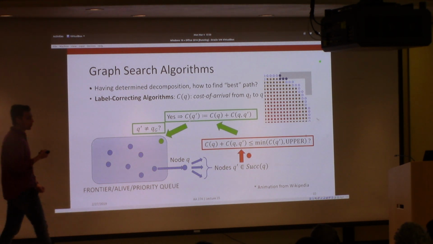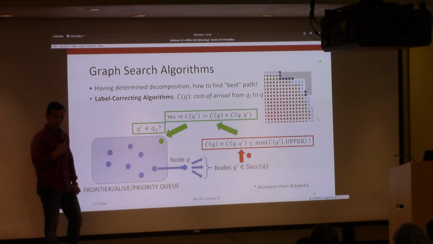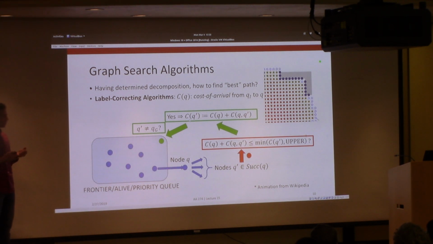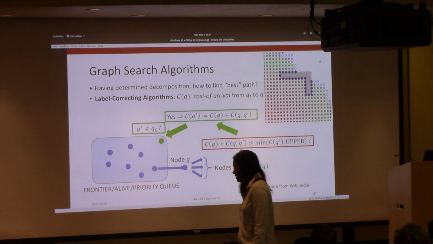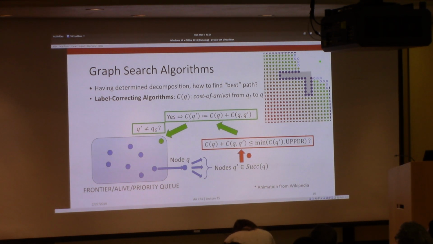According to their cost to come. Okay? What is the rationale behind that? That the shortest vertices, the vertices that we have seen so far and the route to them is the shortest, may help to uncover other routes that are short as well, and we will reach the target vertex. Okay?